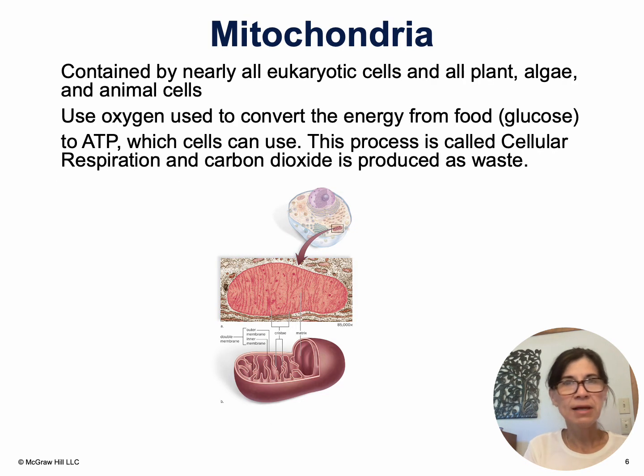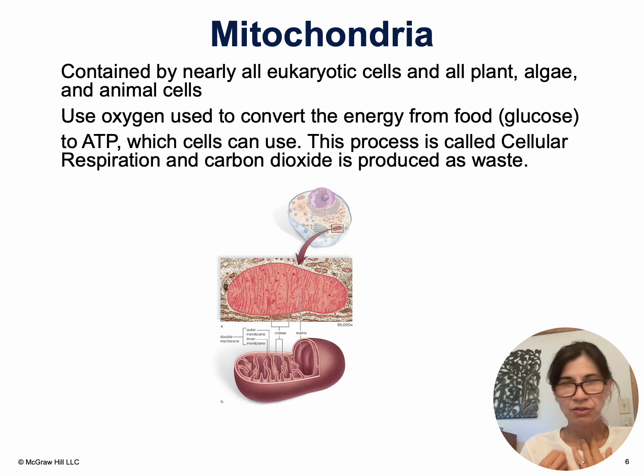So that's the chloroplast. The mitochondria is the other energy producing organelle. The mitochondria is found in almost all eukaryotic cells, animals, plants, all of them. So the mitochondria now uses oxygen, okay? So when we breathe, why do we need to breathe in?